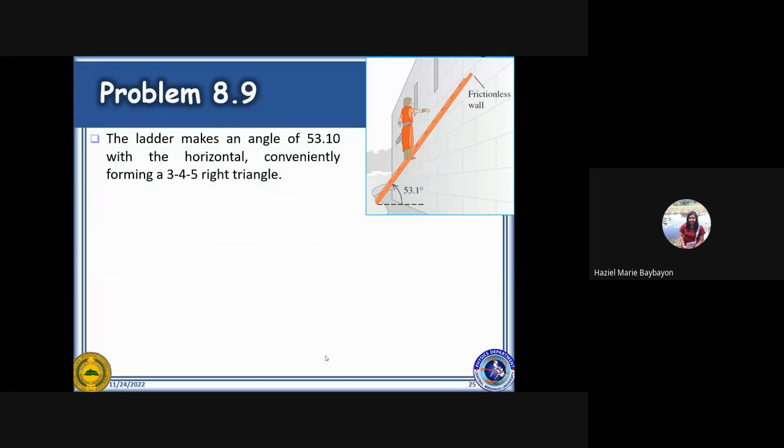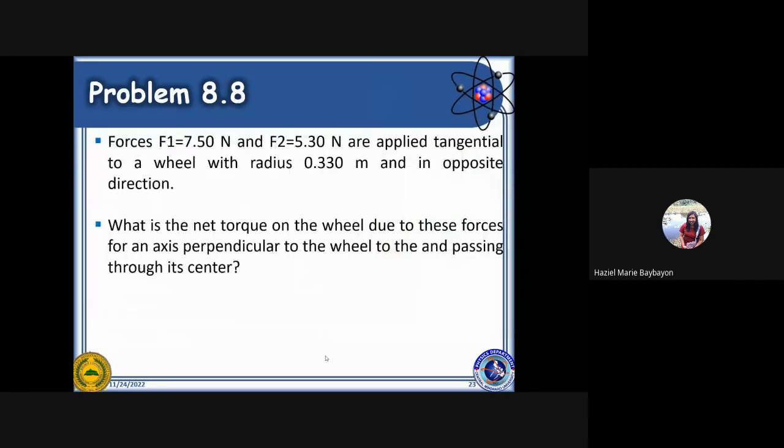Okay, so please answer problem 8.8. You can take a screenshot now, but you can also, kung mangyapon ni siyang ipasa, class. But you can take a screenshot now. Problem 8.8, you have to submit this on a 1/2 sheet of paper.